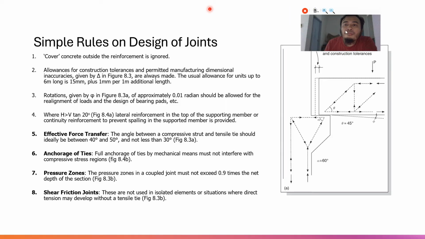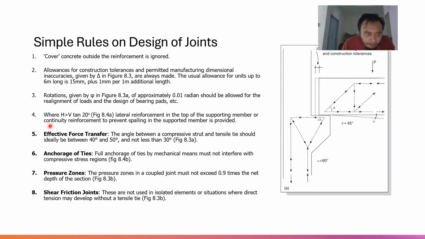So your design will be heavier. If horizontal forces are larger than vertical forces by tan 20 degrees, lateral reinforcement in the top of the support member or continuity reinforcement to prevent spalling in the support member is provided. So you need to provide support.